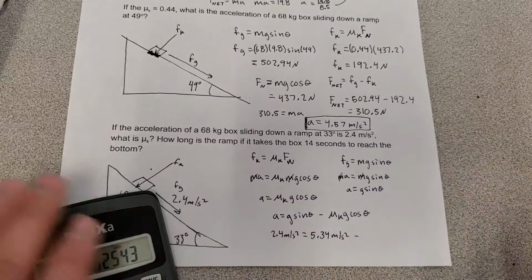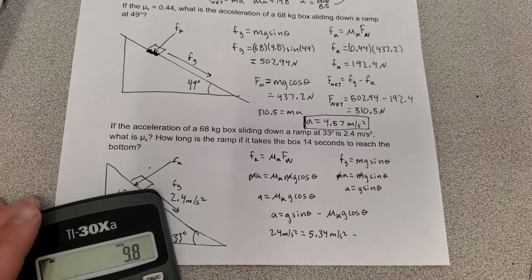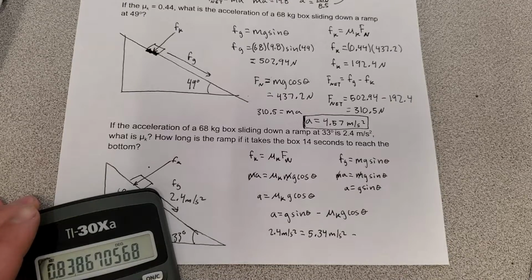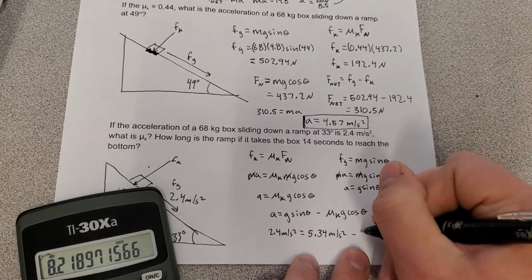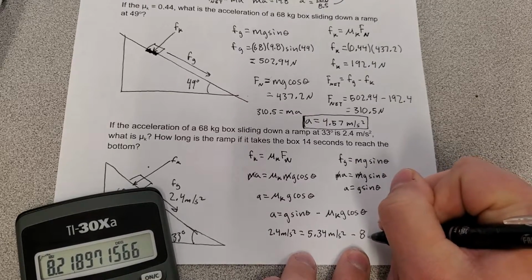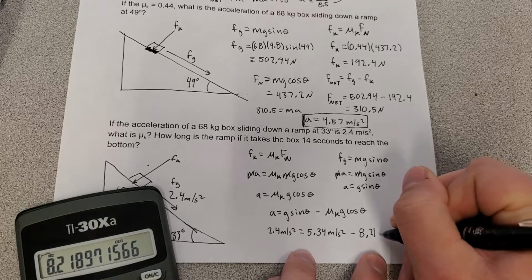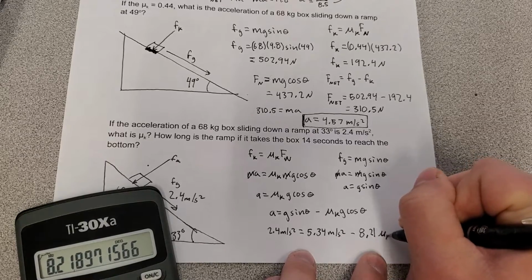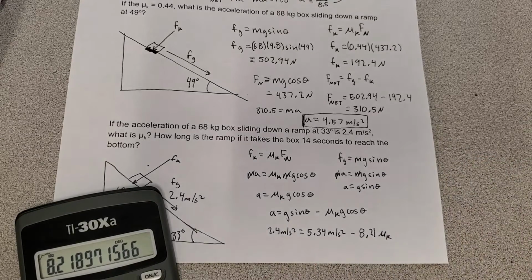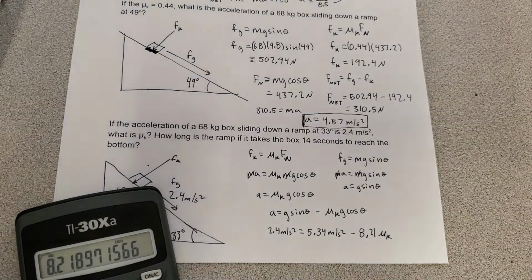I'm going to write this after we find 9.8 times cosine 33 equals 8.21 mu k. All right. Very nice.